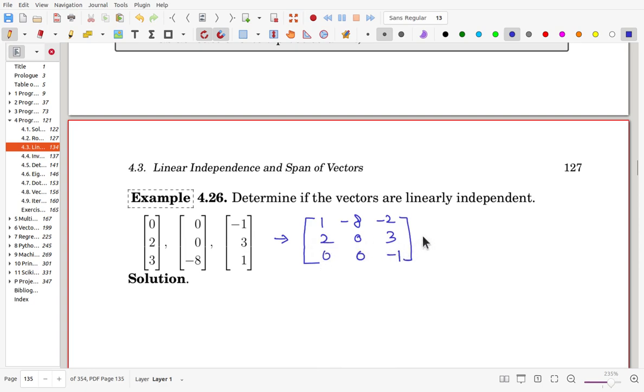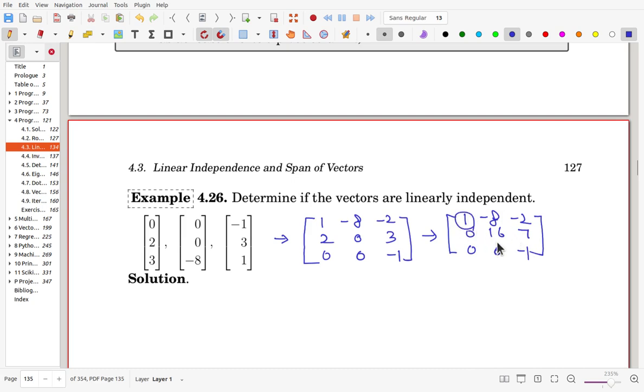Now we can eliminate this one by using again a replacement. 1 minus 8 minus 2 is the first row, unchanged. Twice subtraction is 0, twice subtraction is 16, twice subtraction, now there's 7, and 0 0 minus 1.